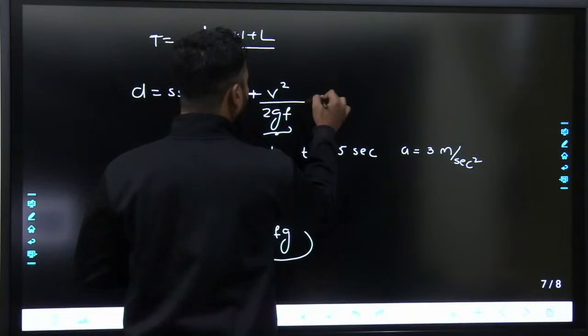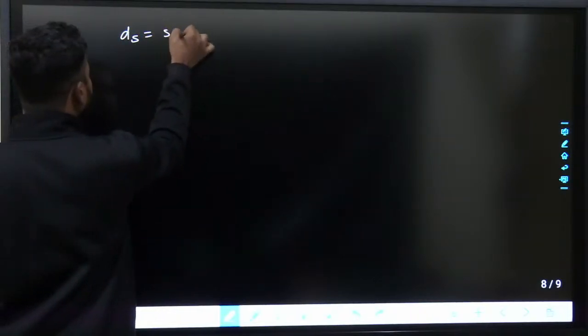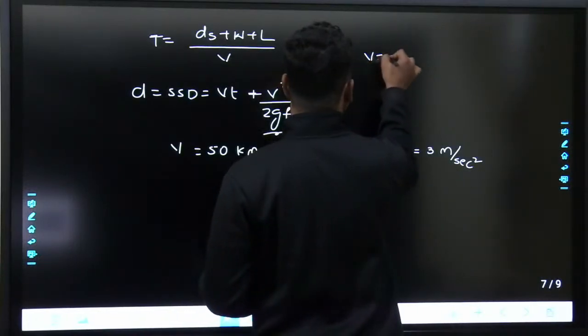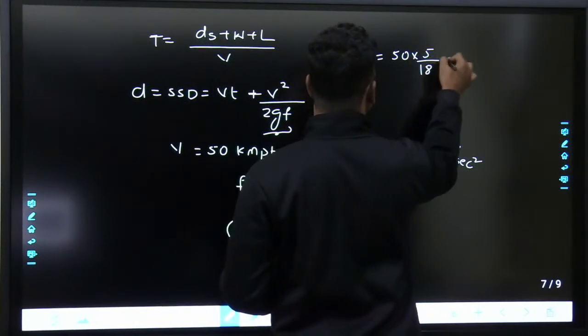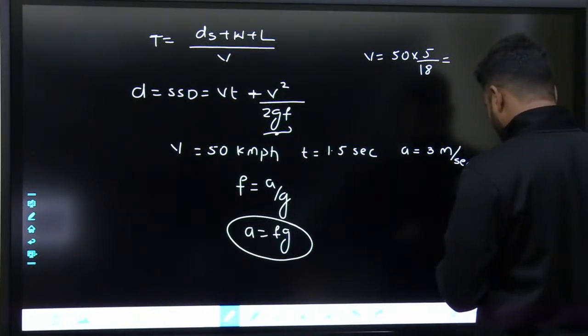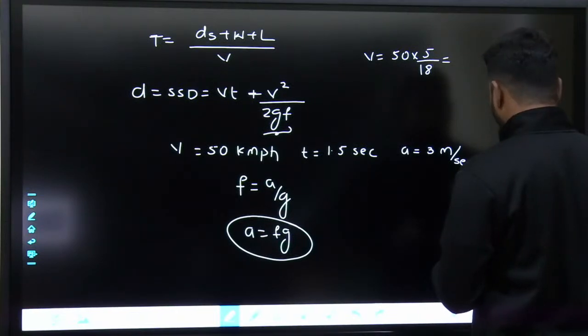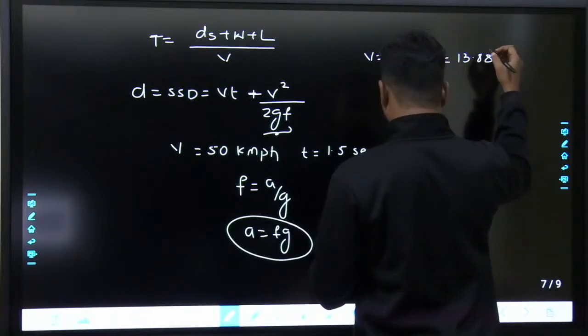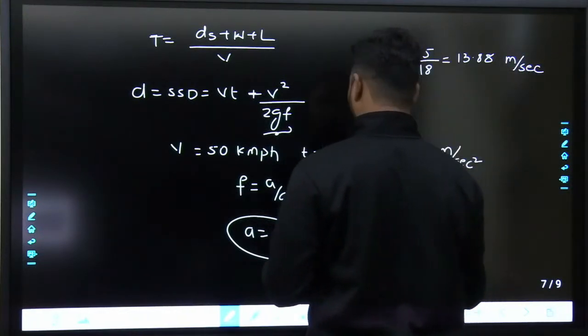So if I keep it over here, ds equals SSD. V equals 50 kilometers per hour, which in meters per second is 50 multiplied with 5 upon 18, that equals 13.88 meters per second.